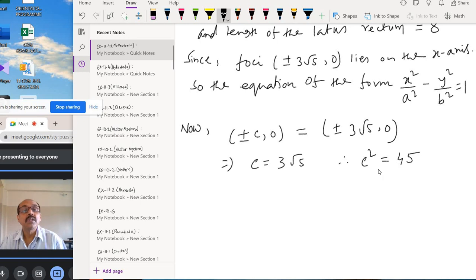Now the length of the latus rectum is 8, so the length of the latus rectum is 2b square by a, 2b square by a equal to 8.